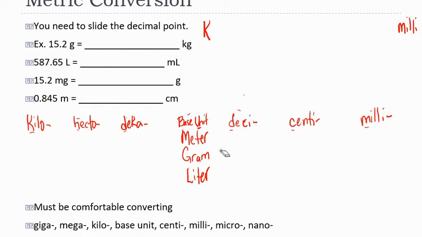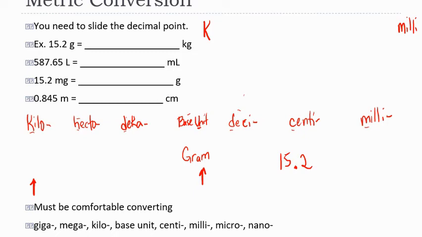Our first one here is going to use the gram. That is going to be our base unit. We're starting at 15.2 grams and going up to kilograms. What you need to do is locate where your decimal is. In this case, it's 15.2. We find where we're starting, and count how many steps it takes to get to where we're ending.